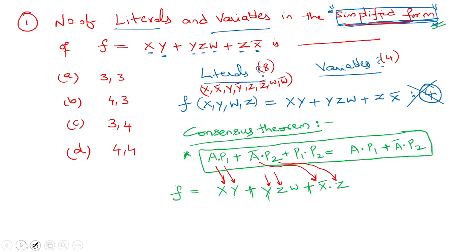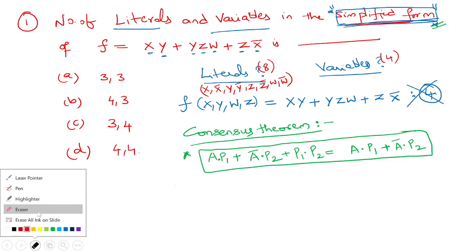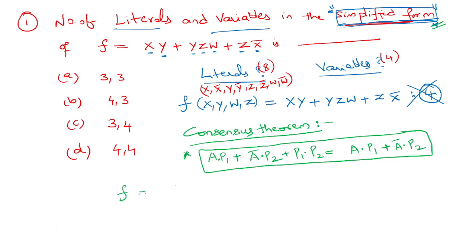See, let me erase this. Right now, you got it, right? This is a little bit tricky. That's why it's miscellaneous. What you can do is write F as xy plus x bar z plus yz w.